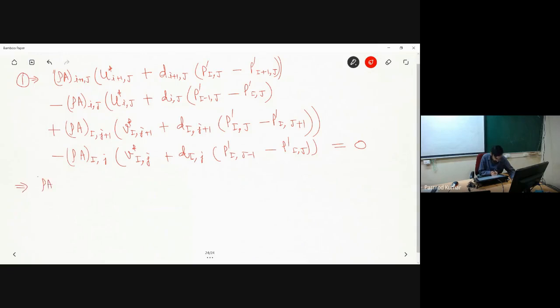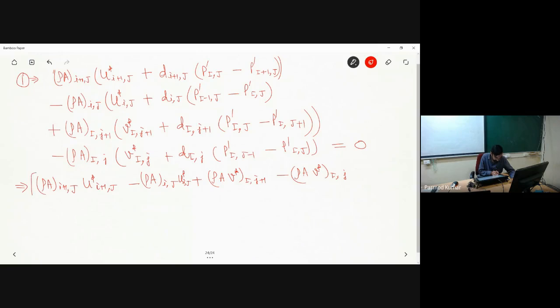I will be getting rho a times I plus 1 comma j into u star at I plus 1 comma j minus rho a times I comma j into u star at I comma j, plus rho a into v star at point I comma j plus 1 minus rho a into v star at point capital I comma small j.